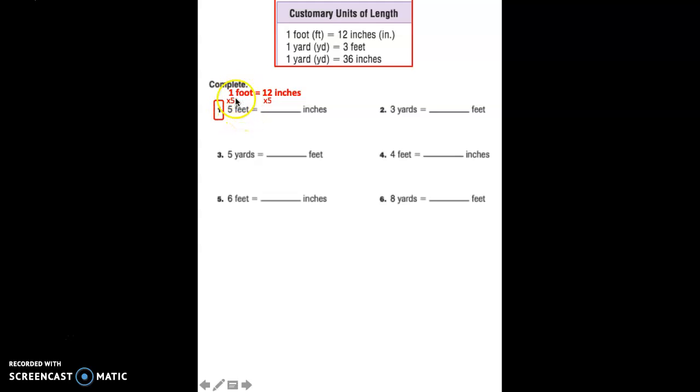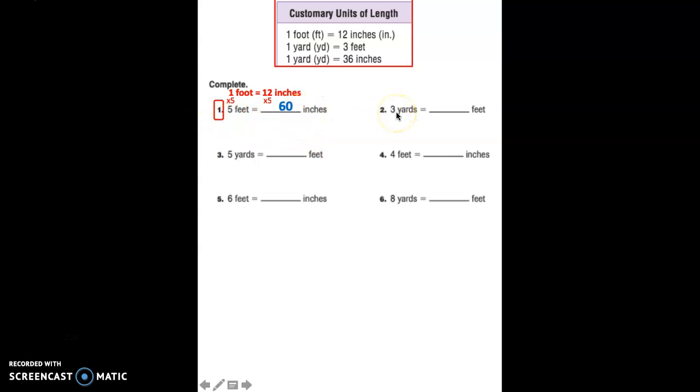So 1 foot times 5 is 5 feet. Whatever I do to this side of the equal sign, I must do to this side. So I need to multiply 12 inches times 5. 12 times 5 equals 60. So 5 feet equals 60 inches.